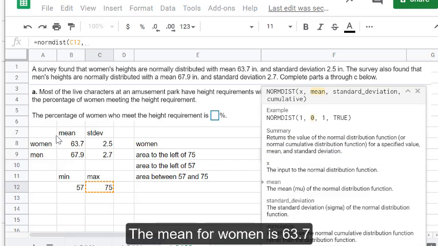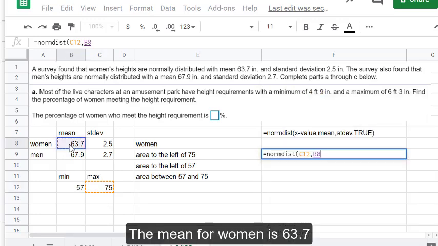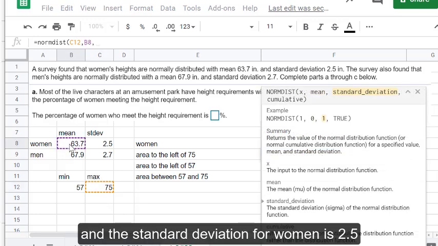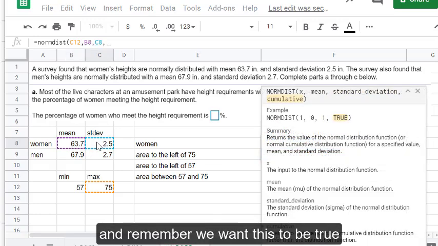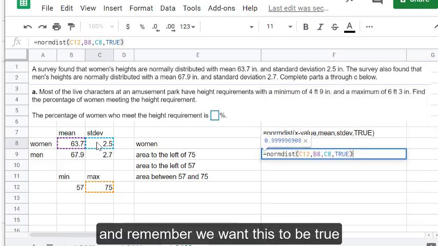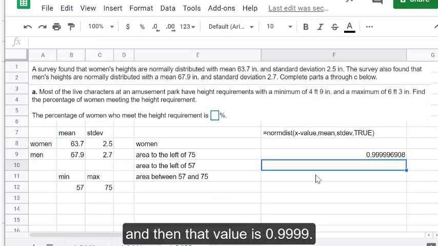The mean for women is 63.7, and the standard deviation for women is 2.5. And remember, we want this to be true. And then that value is 0.9999. So that's almost the whole thing.